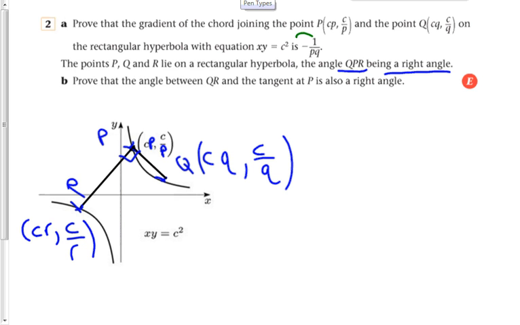The gradient of PQ, let's write it as m_PQ, equals minus 1 over pq.